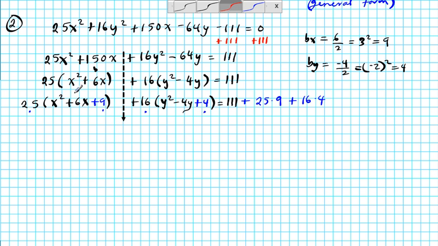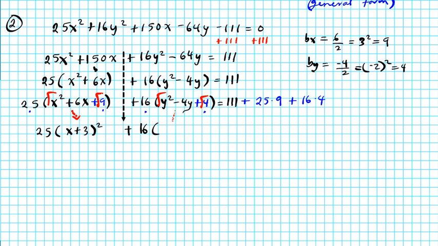Okay, let's finish this off. So on this side, you just bring down the 25. I'm going to root this and root that and bring down the middle sign. It has a factoring treat for perfect square trinomial, so I'm going to have 25 times x plus 3 quantity squared plus, bring down the 16, do the same process here, root the first and the last, and bring down the middle sign. So it becomes y minus 2 quantity squared.